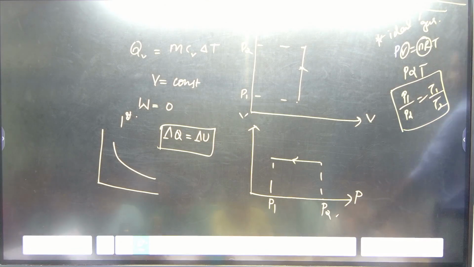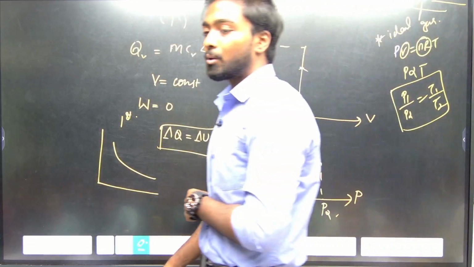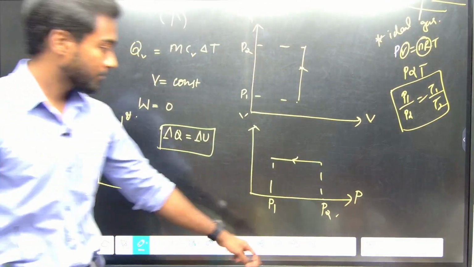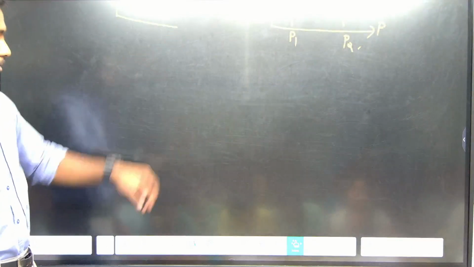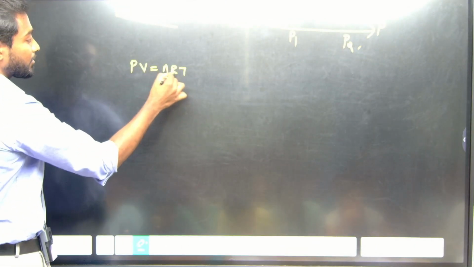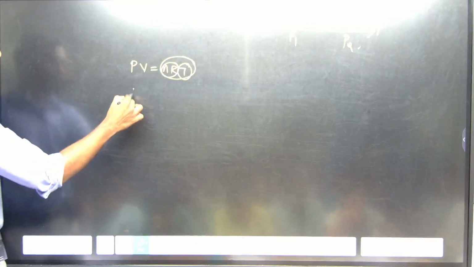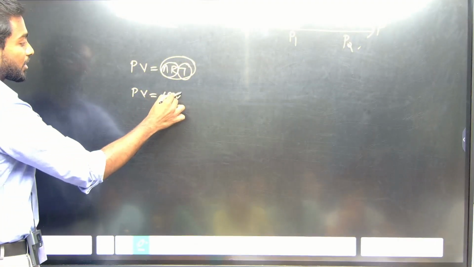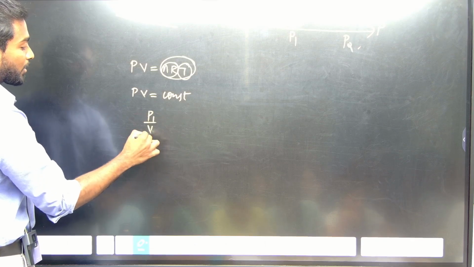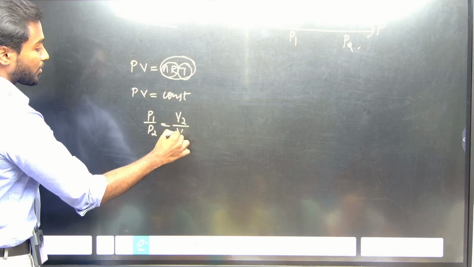So if T is constant, according to the ideal gas equation, PV is equal to constant, right? Yes or no? According to the ideal gas equation, PV is equal to nRT. Since nR is constant and T is also constant, the total term is constant. So PV is equal to constant. So P1 by P2 will be equal to V2 by V1.